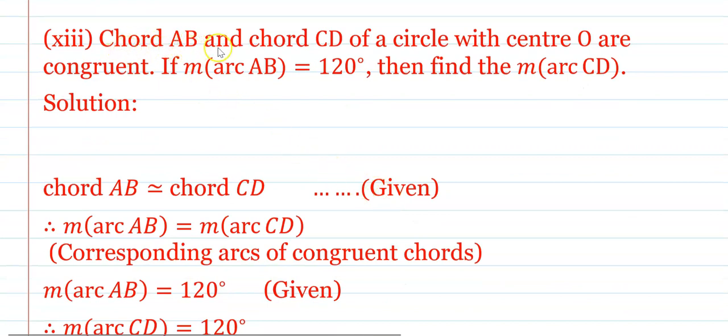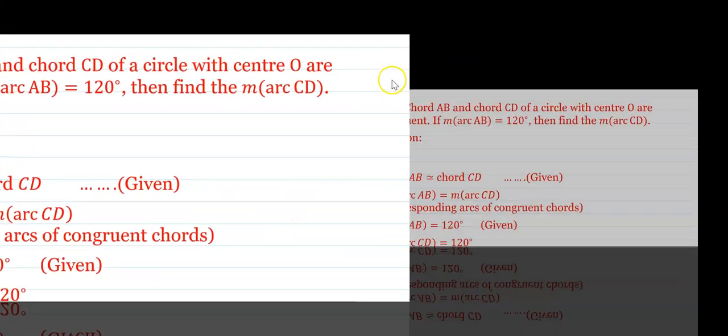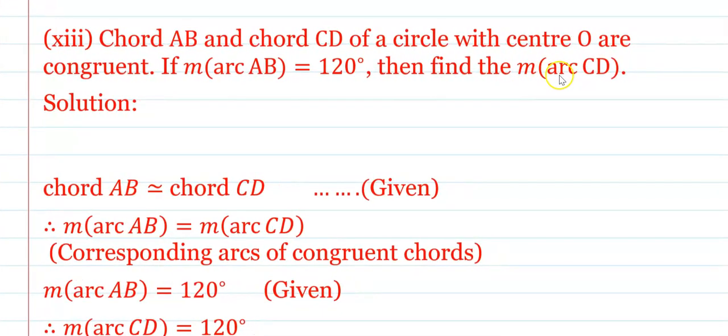Chord AB and chord CD of a circle with center O are congruent. If the measure of arc AB is equal to 120, then find the measure of arc CD. Okay. As these two chords are congruent, their corresponding arcs are also congruent. Their measures are equal.